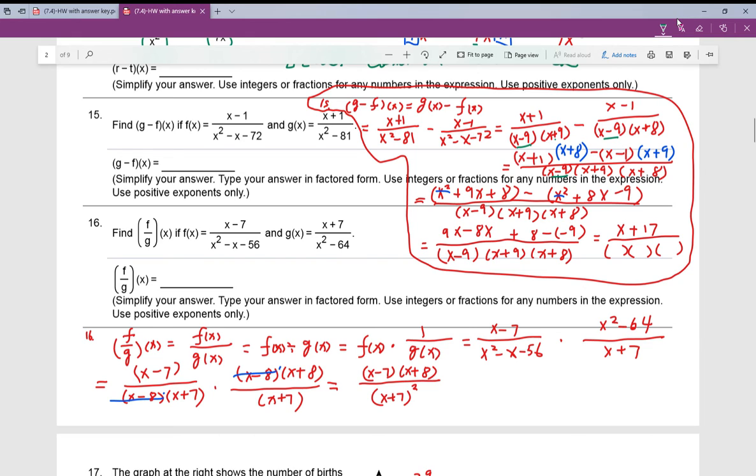X plus 8, you don't have it, so you need to multiply by x plus 8. And the right hand side fraction has x plus 8, but there's no x plus 9, so I multiply by x plus 9.